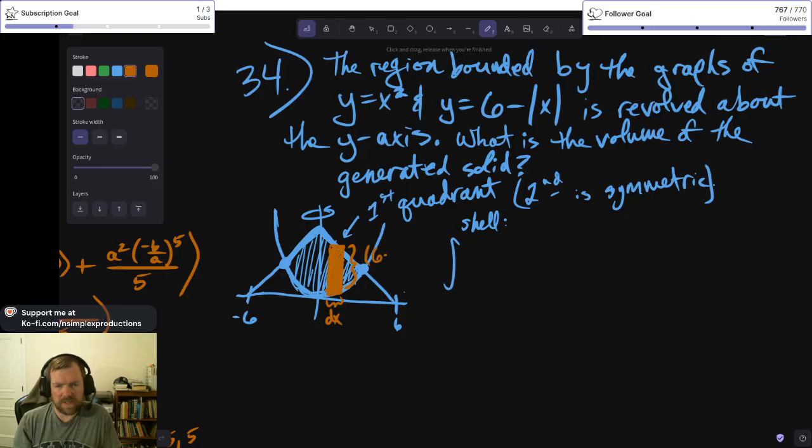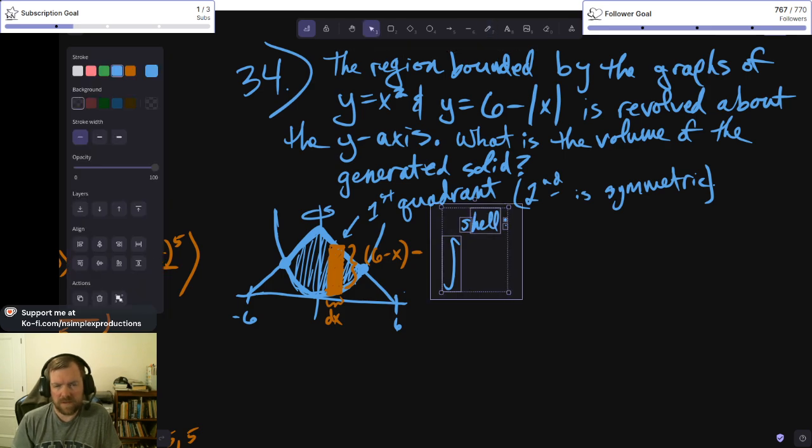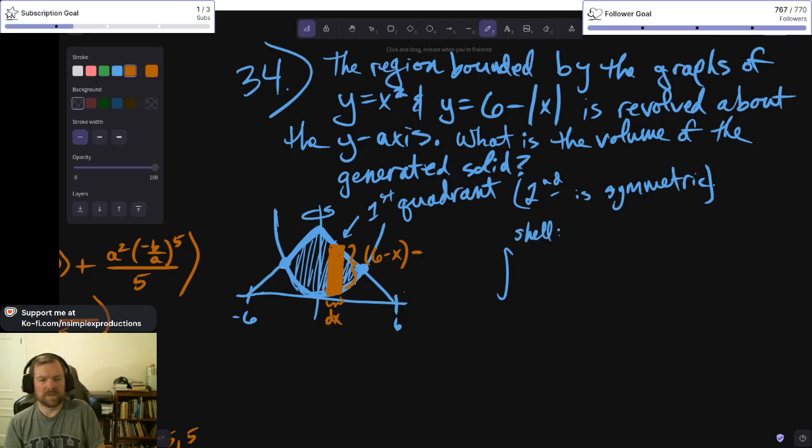So this is going to be 6 minus x, without the absolute value because we're just doing quadrant 1, minus x squared.